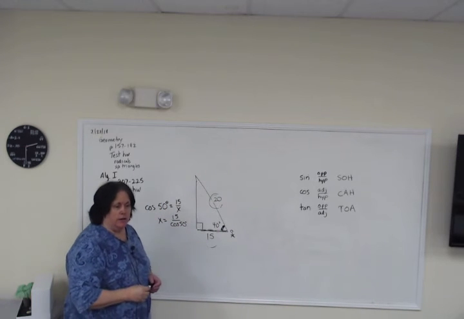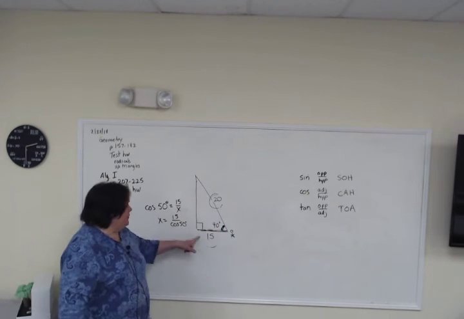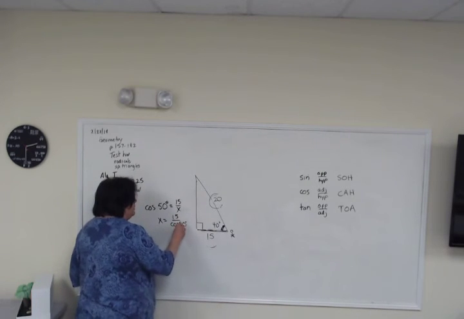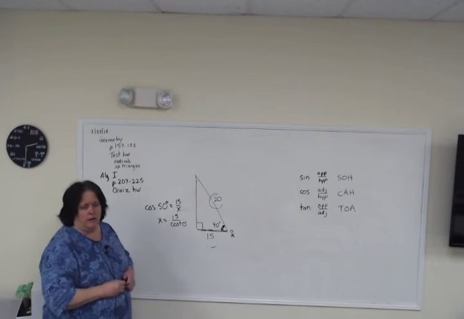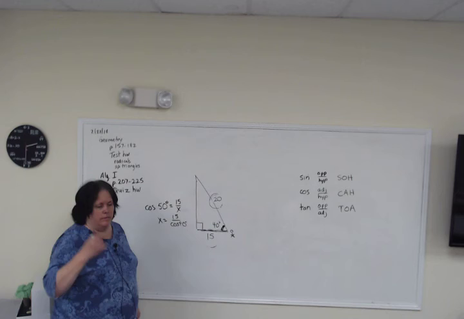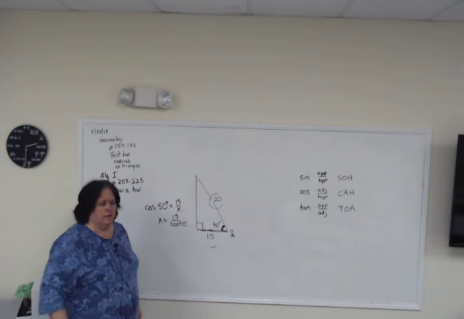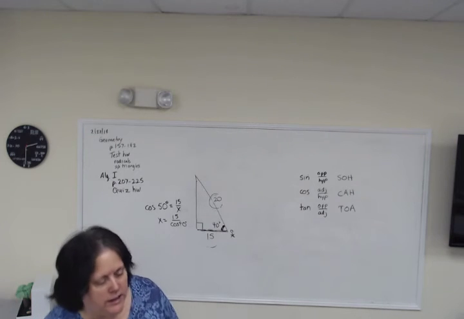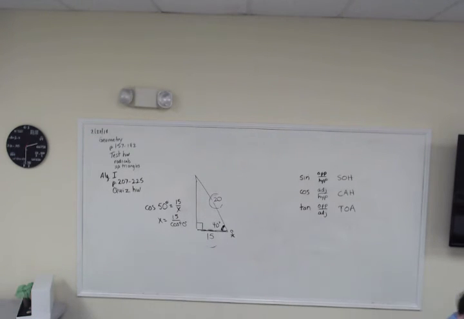Did you get 20? I got 21. Do 15 divided by cosine of 40. 21. That's such a close number to what I have. I know, it's very close. What'd you get? I keep getting different things. Okay, put it down and let me watch you. Go ahead.